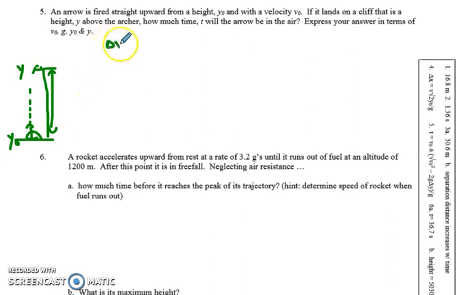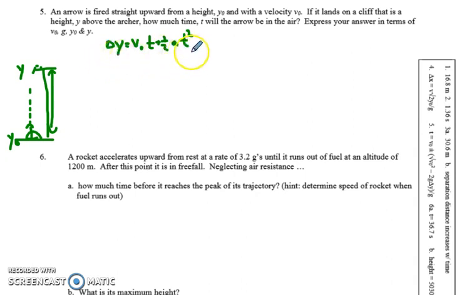Well, we can use the fourth kinematics equation, that the change in vertical position is v naught t plus 1/2 a t squared. Now, if you're starting to think, all right, well, this is no longer 0, so how can I get time by itself? I'm going to do a little bit of algebra here.